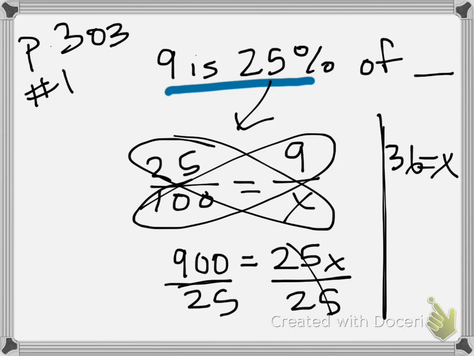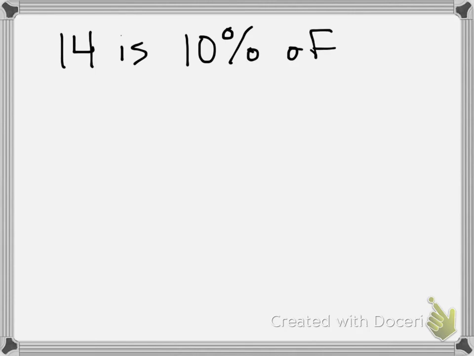Alright, we're going to try one more together, and then I'm going to have you try some on your own. So let's take a look at number 2. It says 14 is 10% of what?